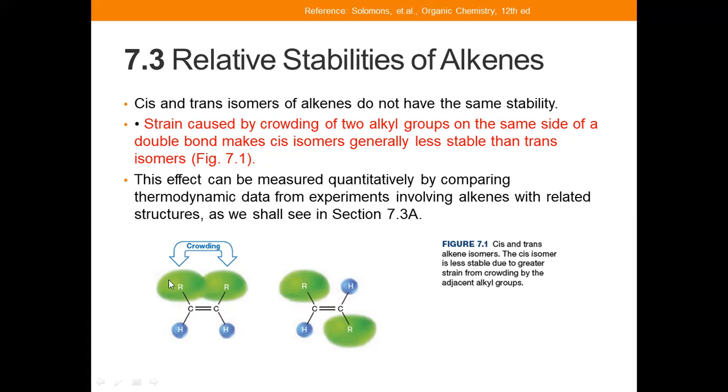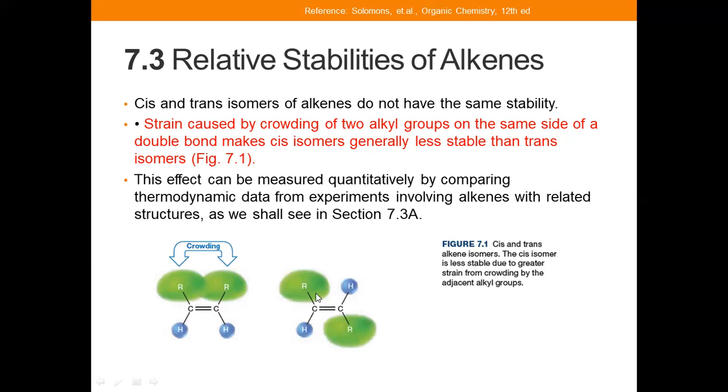So here you can see these are the cis alkenes. They're on the same side. So in this one, the alkyl groups are situated very close to each other, and of course their electron densities are very close to each other, and there could be greater repulsion between these two groups, right?